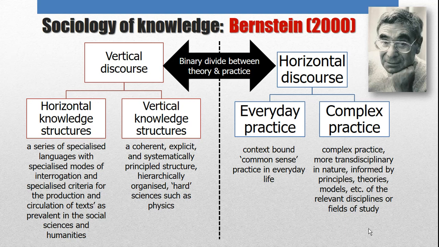So in terms of horizontal discourse, we can therefore distinguish already between everyday practice and complex practice. On the other hand, the vertical discourse is really about two different types, where he distinguishes between vertical knowledge structures and horizontal knowledge structures.